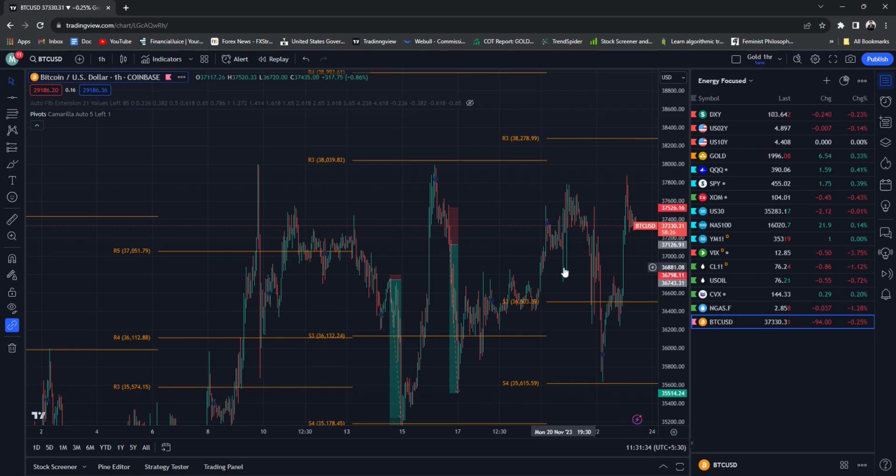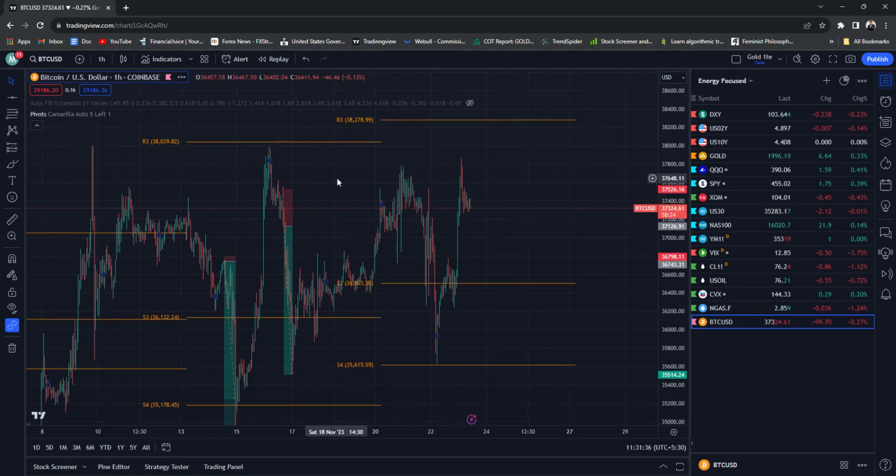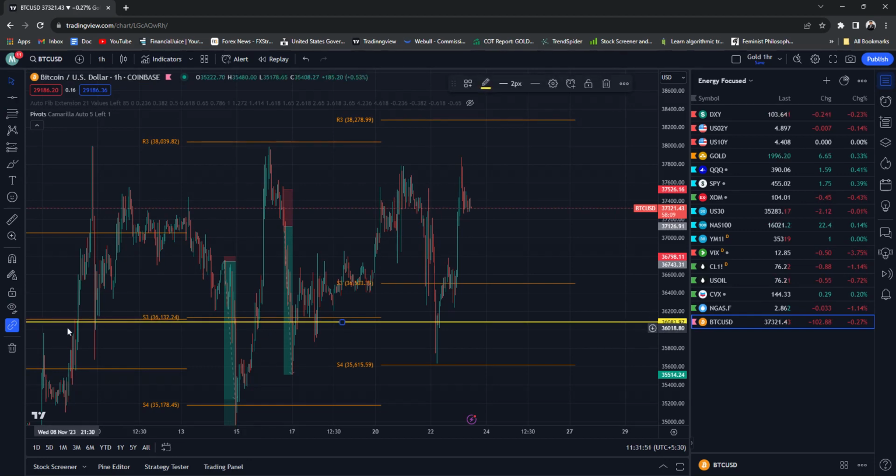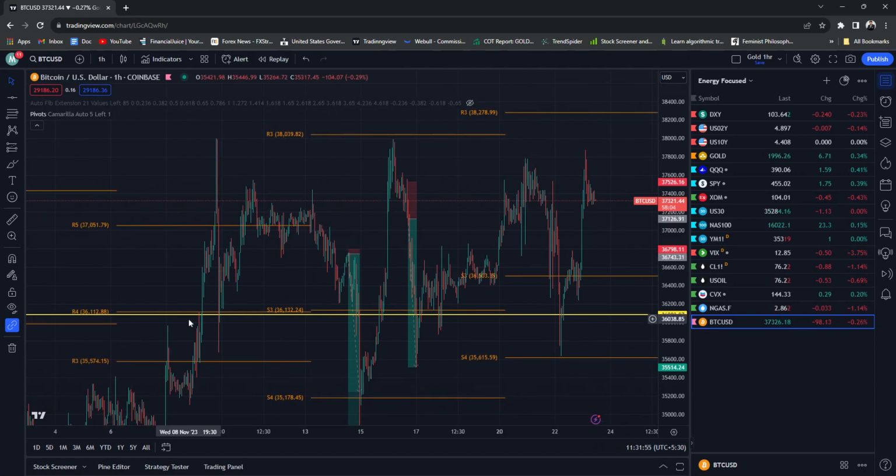So as you can see, this area got supported at this area of price, which was on S2 as well, R4 as well for the previous move, and got turned to S3 for the next move. So it worked pretty well.